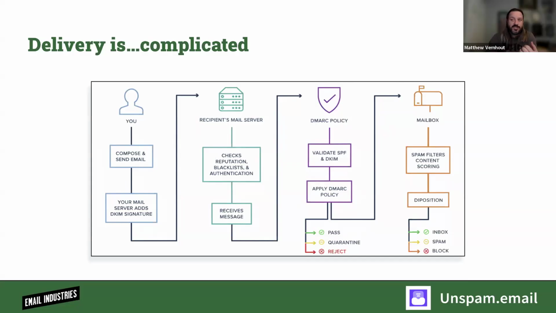So, once you've composed your message and hit the send button, your messages get signed digitally by DKIM signatures, and then they route off to the respective mail servers for the recipients. Those systems check a whole bunch of things. They check block lists, they check reputation filters, they check third-party solutions.